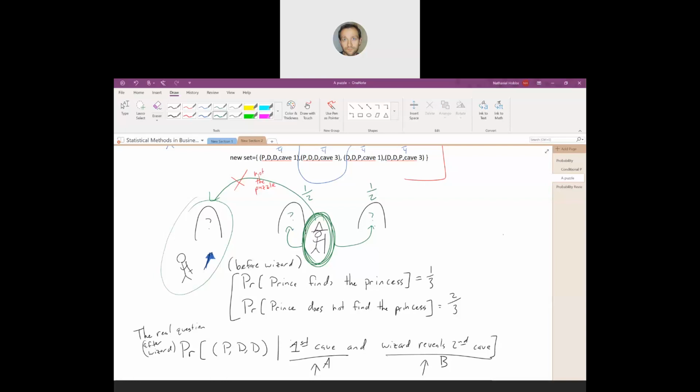Yeah, this is really confusing. I don't know. Okay, think about it this way. You said that for the wizard we do not touch the first cave.